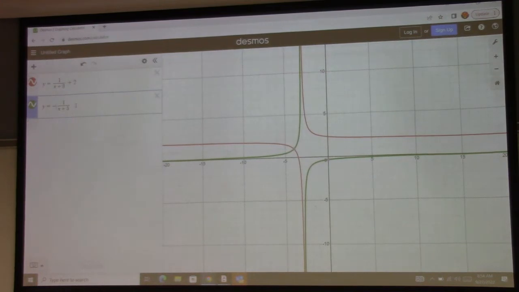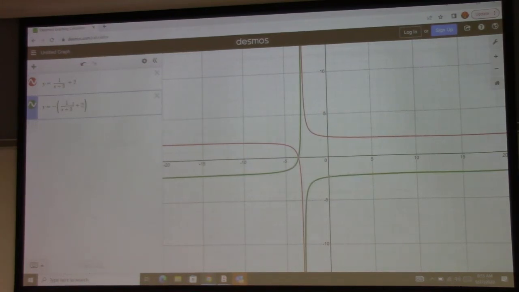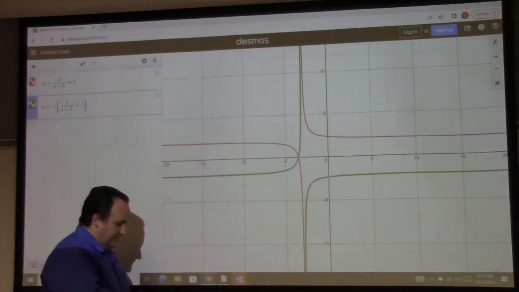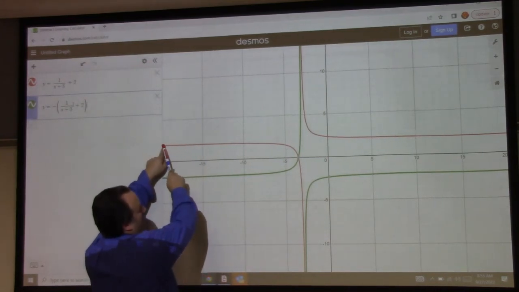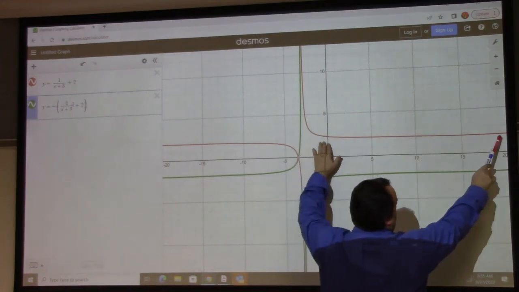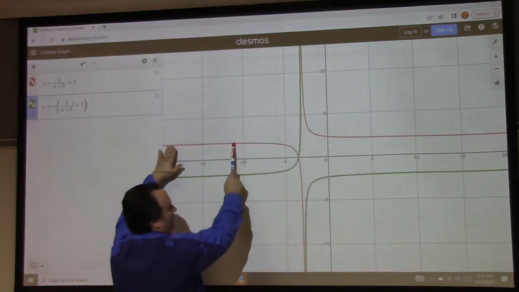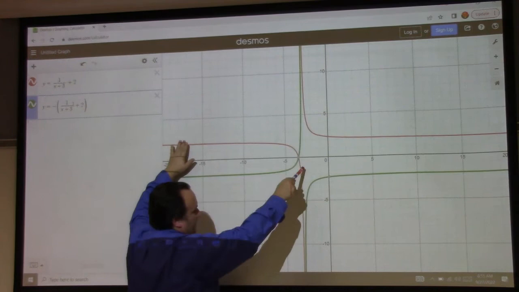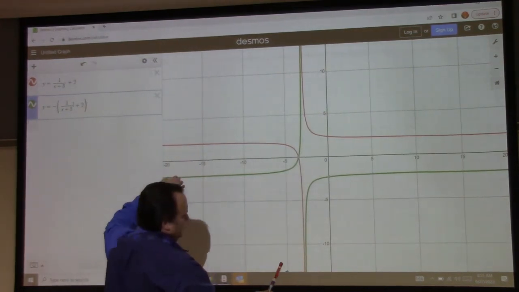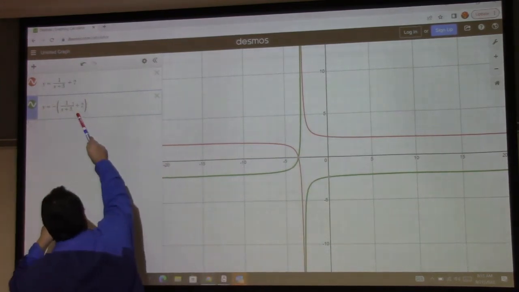It's going to be a different story. Now it's a little bit complicated, but let me walk you through it. The red graph has a horizontal asymptote of 2. This y equals 2 is the horizontal asymptote for the original red graph. Excuse me, x equals minus 3 is the vertical asymptote. I'm sorry, guys, minus 3 makes this 0.